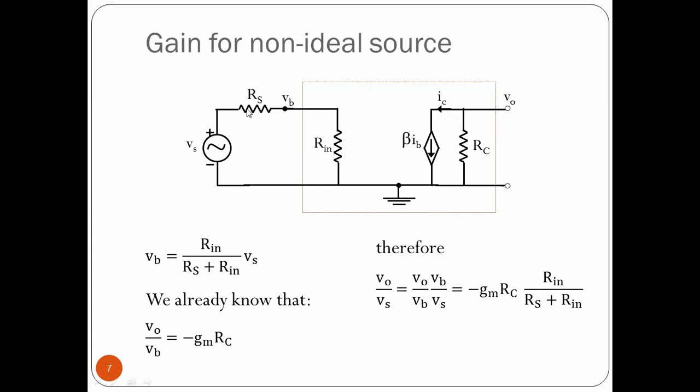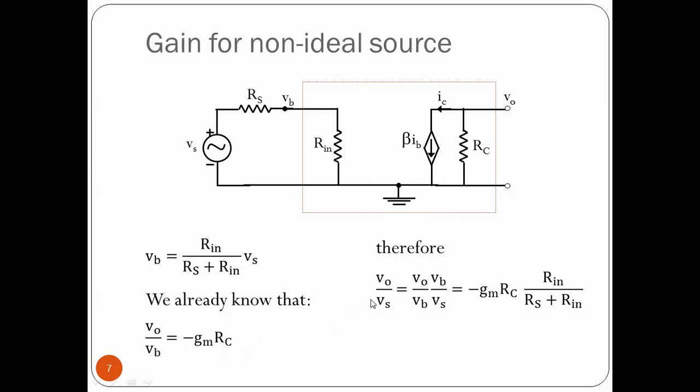Our question is why we added an Rs. We want to see what is the voltage gain VO by Vs. So now it is actually very straightforward. So first we say, well, VB by voltage division is equal to Rin by Rin plus Rs into Vs. We already know that VO over VB is minus GmRc.